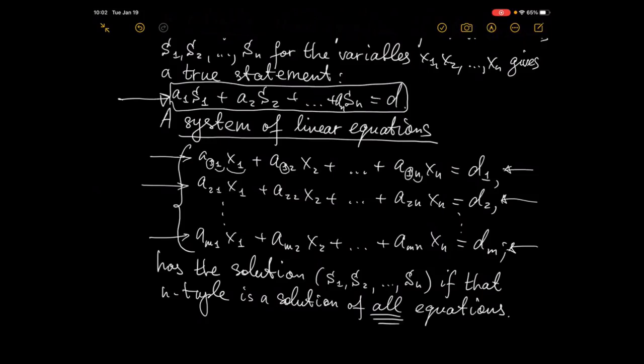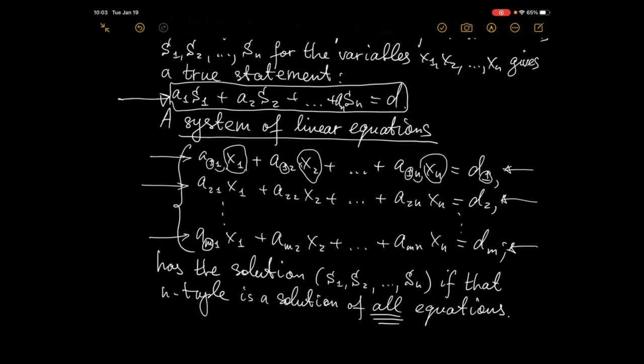Altogether I have m linear equations, and I want to find a set of numbers x1, x2, ..., xn which satisfies these equations simultaneously.